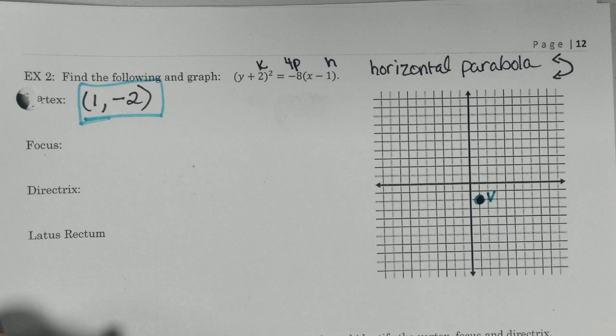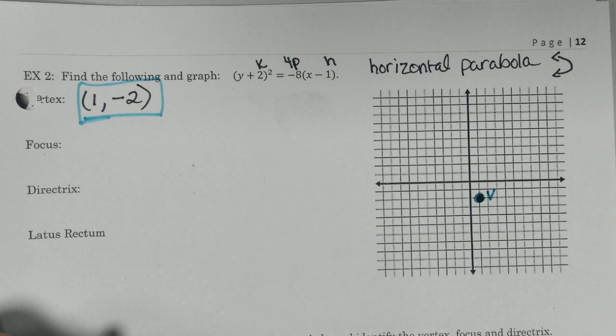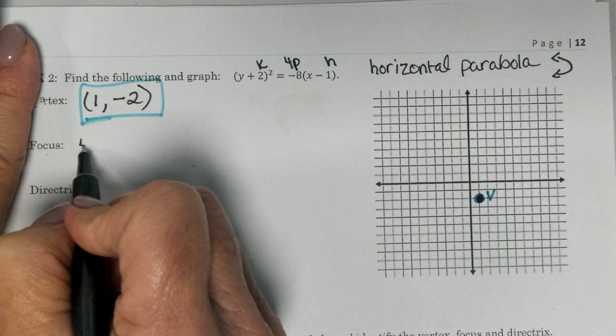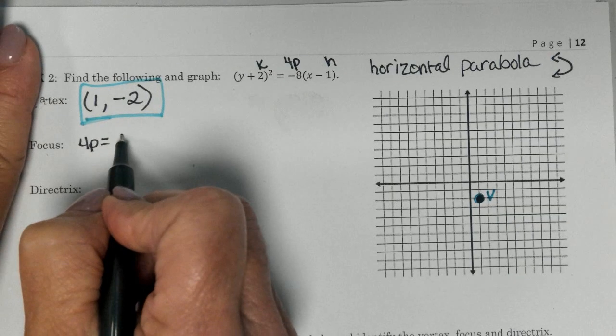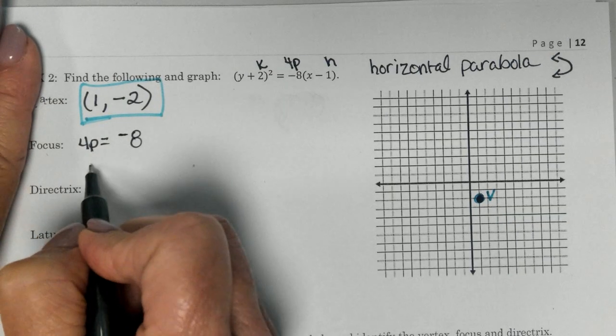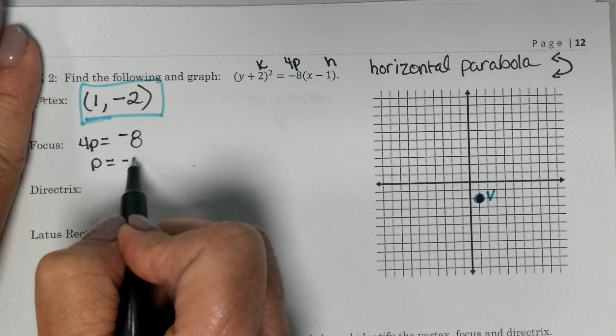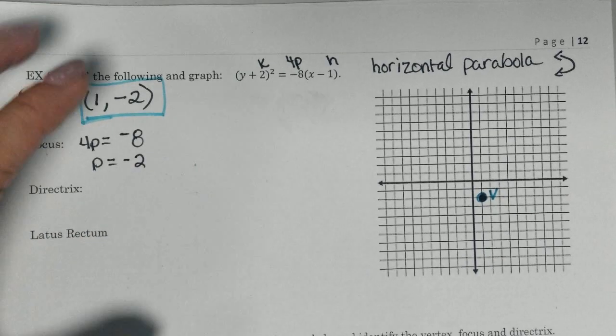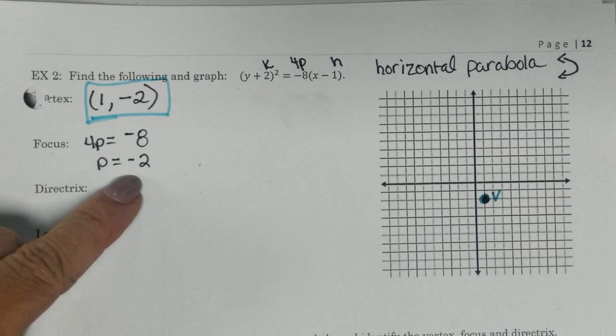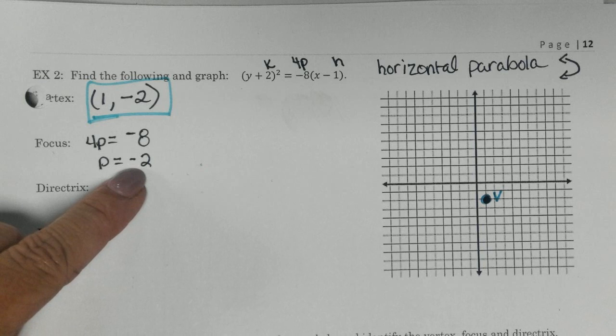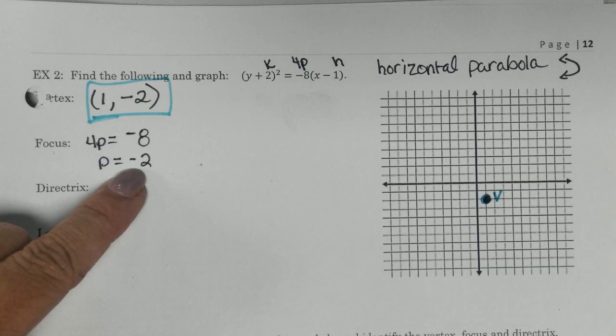Okay, now, focus. We set 4p equal to -8. P is equal to -2. Now, as far as this being positive and negative, a lot of students are like, well, how do I know if it's positive and negative and which way I'm moving? I don't want you to stress about that.